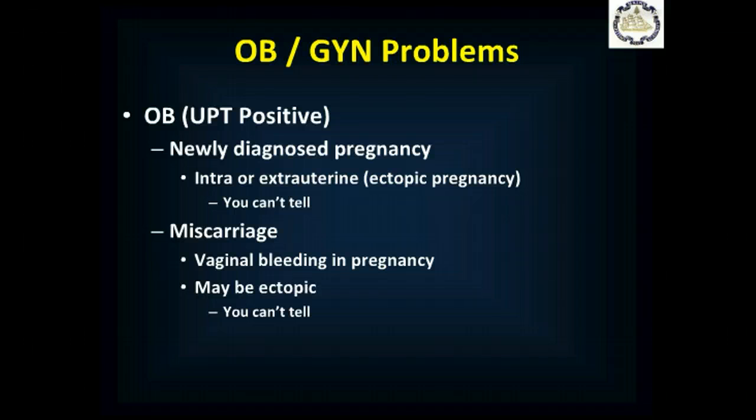But even if it's later, if they haven't had an ultrasound to prove that the pregnancy is inside the uterus, vaginal bleeding and abdominal pain with a positive pregnancy test, you assume that that's an ectopic pregnancy. You can't tell, and you have to assume that they're having a life-threatening gynecologic obstetric emergency.